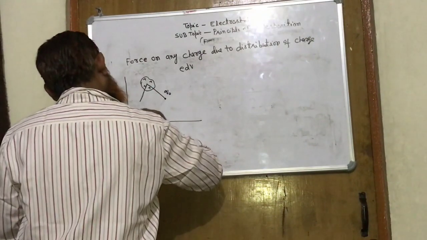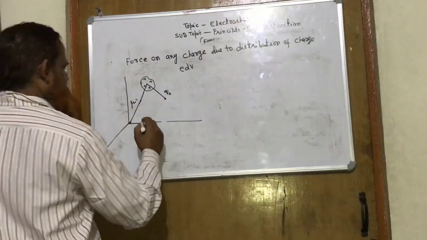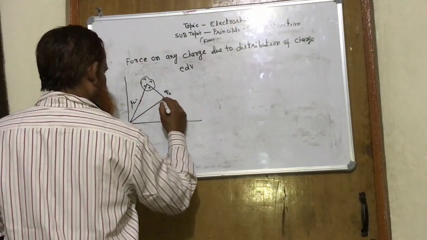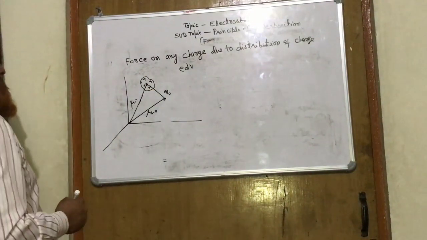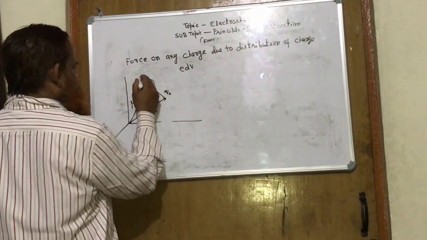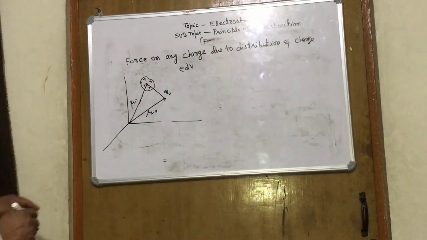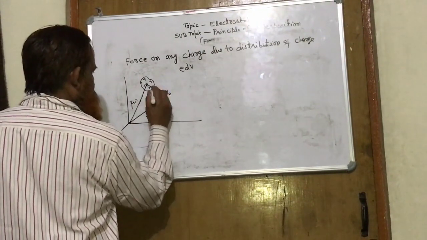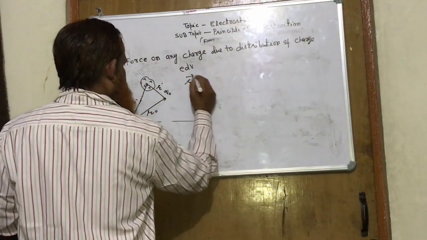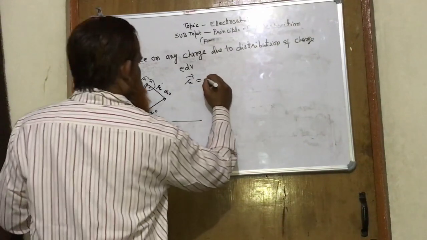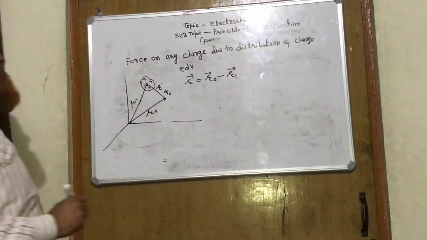The position vector of this element is r1 and of q naught is r naught. Then the distance between the charge distributed in volume and q naught, suppose it is r dash, is r dash equal to r naught minus r1 in vector form.